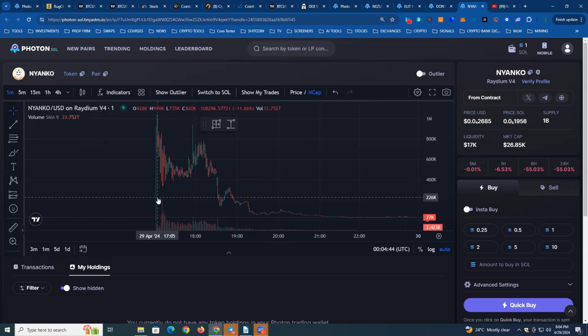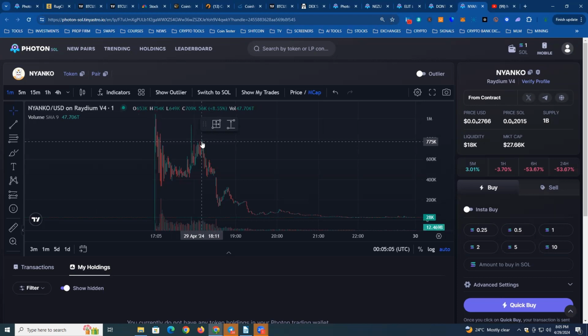And what we see is there were only two spikes, the initial launch spike, then the retracement back down to 400 and basically 318,000 market cap. Then there was another spike up that ran up to 963, basically 775,000 in market cap before it completely began dying out.